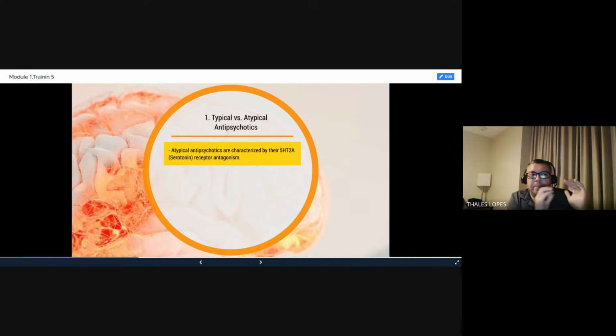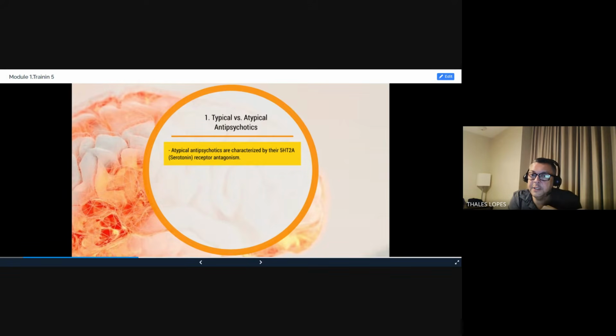Because it blockades 80% of the dopamine receptors, it works really well. But it comes with a consequence, which is EPS, movement disorders. But it works really well.